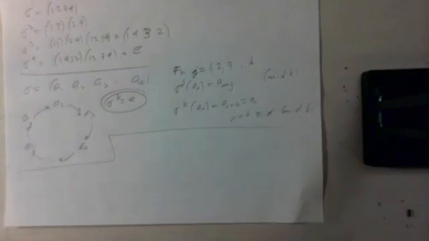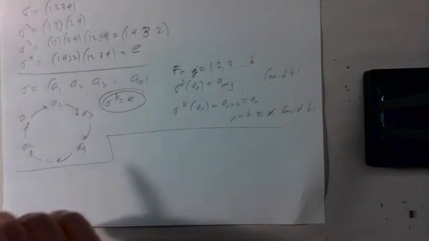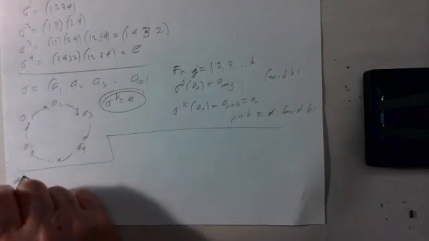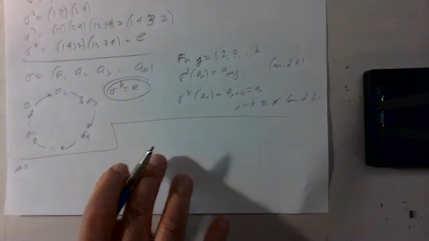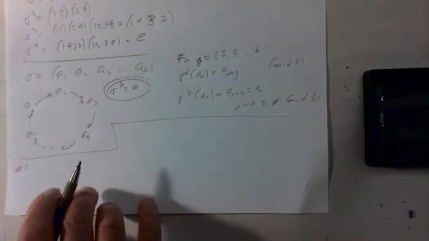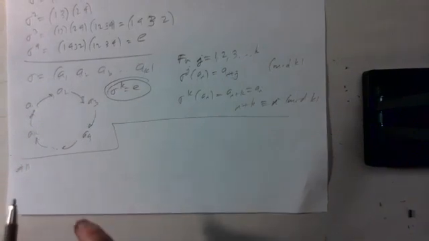Okay, what's your question? Same section, problem 11, which says that if G is a group and H1 and H2 are subgroups, and G is the union of H1 and H2, then G is either H1 or H2. That's a very nice question.